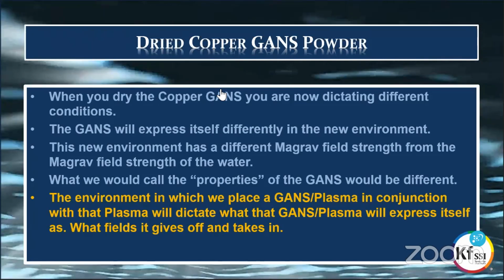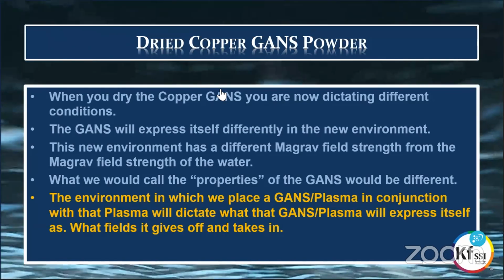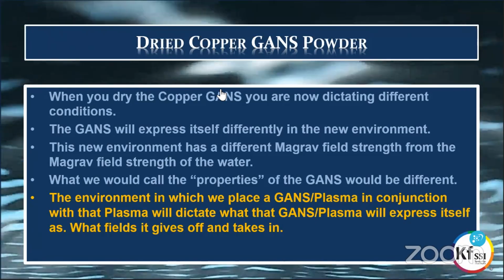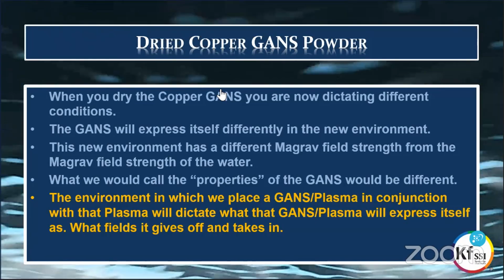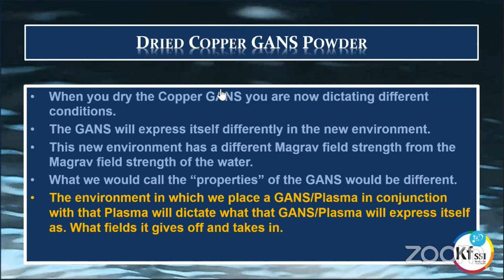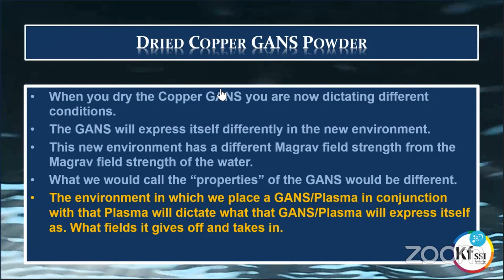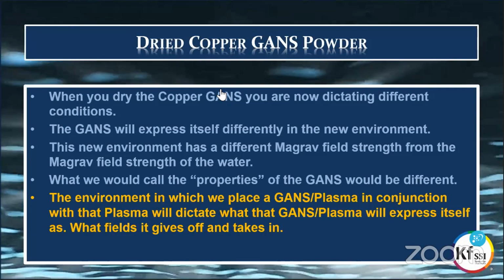An important point to remember is that it's the environment in which we place our GaNs, or the plasma, in conjunction with that plasma itself, that will dictate what the plasma will express itself as, what fields it gives off and takes in.